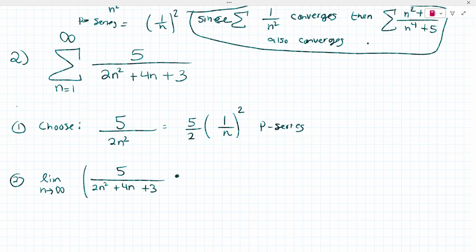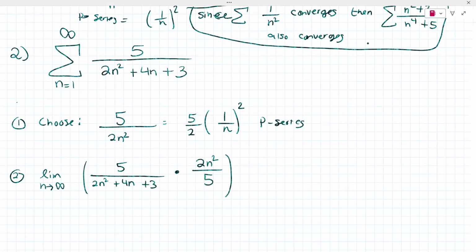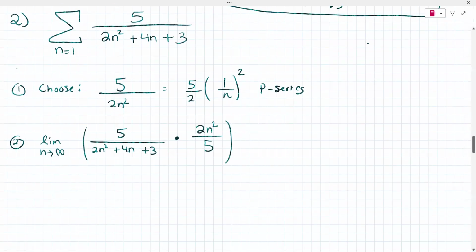What is the reciprocal of 5 over 2n squared? It is 2n squared over 5. So this is our original, and this is the reciprocal of step 1.